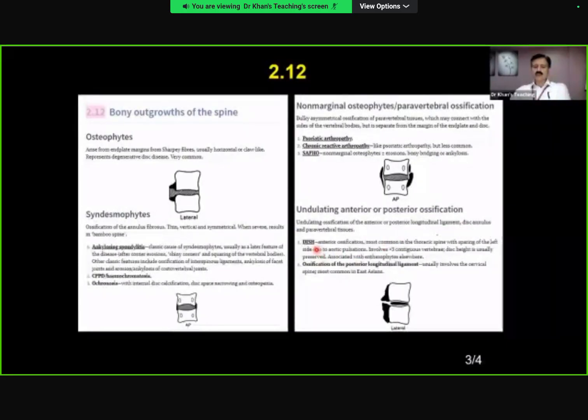Now, DISH is diffuse idiopathic skeletal hyperostosis. And in this, most probably there are more than three continuous vertebrae involved.